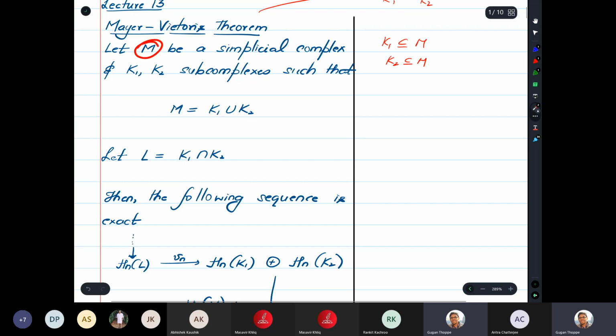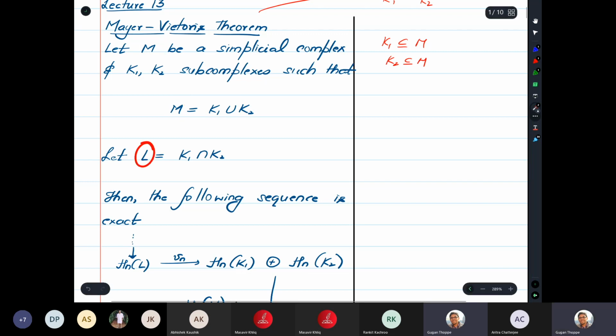So M is a simplicial complex, K1, K2 are subcomplexes such that M is K1 union K2. I emphasize again that we do not require K1 and K2 to be disjoint. As long as K1, K2 are simplicial complexes and their union is M, that is good enough.